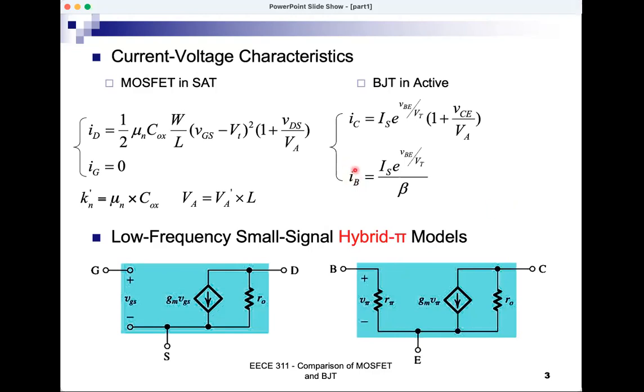There's this iB here, while there's no iG in the case of the MOSFET. So iG is 0, reflected in an open circuit, while there is some iB, and that's reflected in a resistor that would allow an iB to flow. So these are called the hybrid pi small signal models of the MOSFET on the left and the BJT on the right.